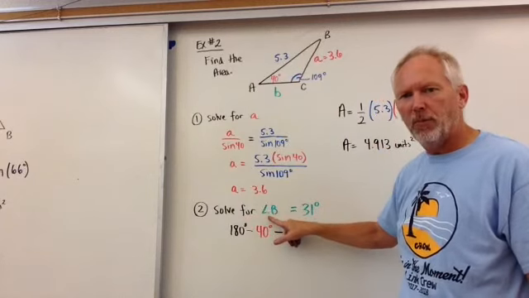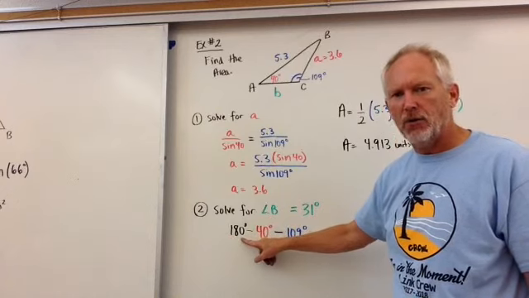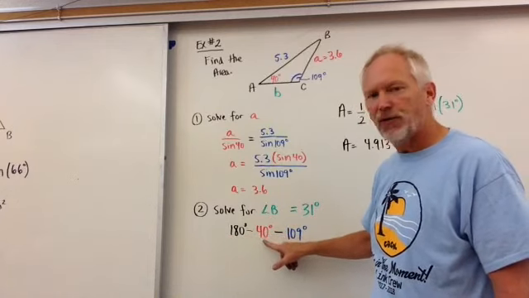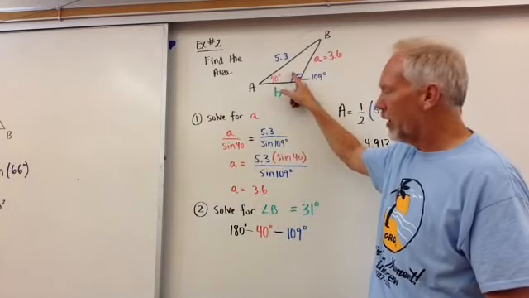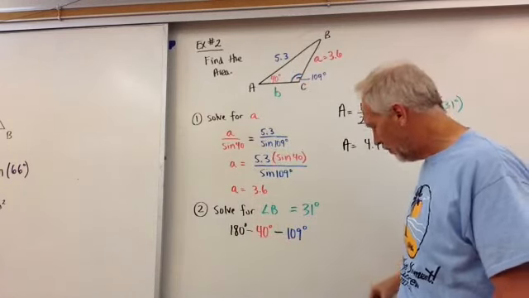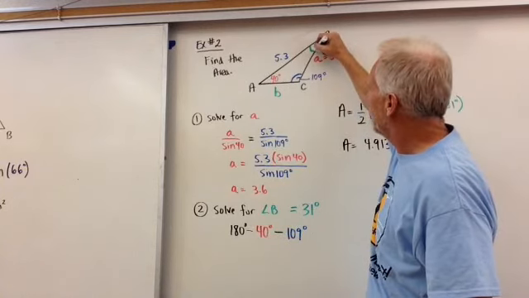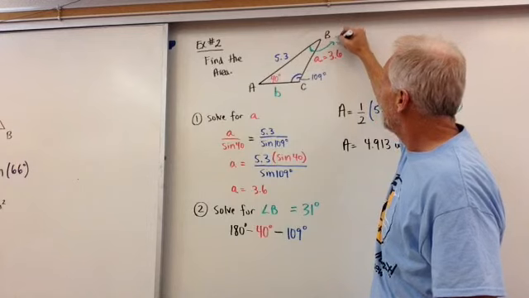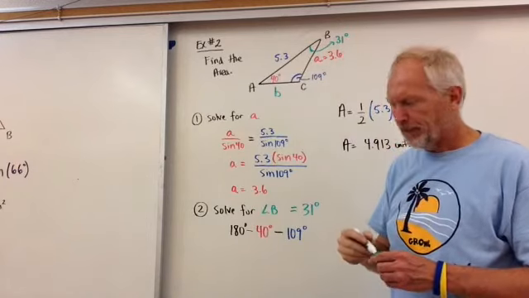Well, solve for angle B, and that's 180. All triangles add up to 180 degrees. Minus 40 degrees, right? Minus 40, minus 109, and that gives me an angle measure of 31. So right now I can say that this angle there is 31 degrees. Okay.